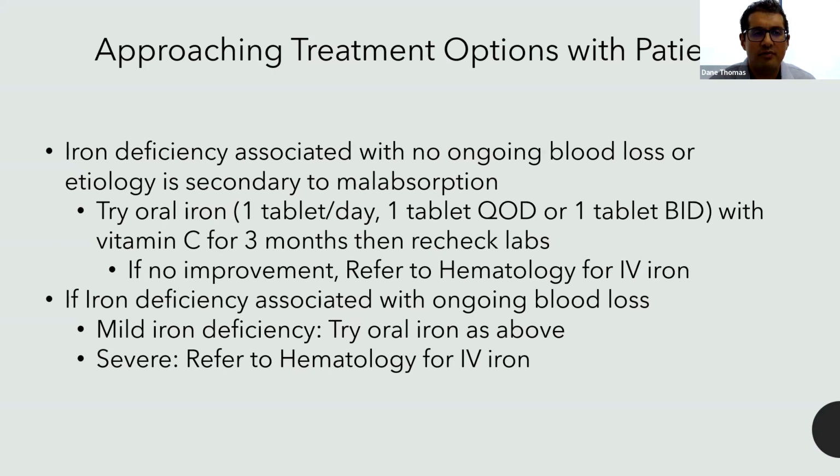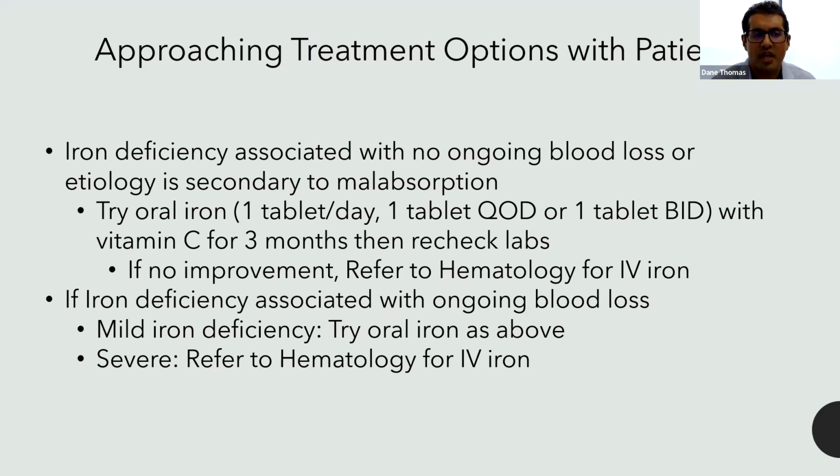If you have a patient with iron deficiency associated with no ongoing blood loss, or the etiology of the iron deficiency is secondary to malabsorption, you want to try oral iron supplementation, with either an iron supplement once a day, or 1 tablet every other day, or 1 tablet twice a day with vitamin C for 3 months. Then after those 3 months, recheck their labs to see if there's any improvement. If there is no improvement, then you should refer to hematology for consideration of IV iron.